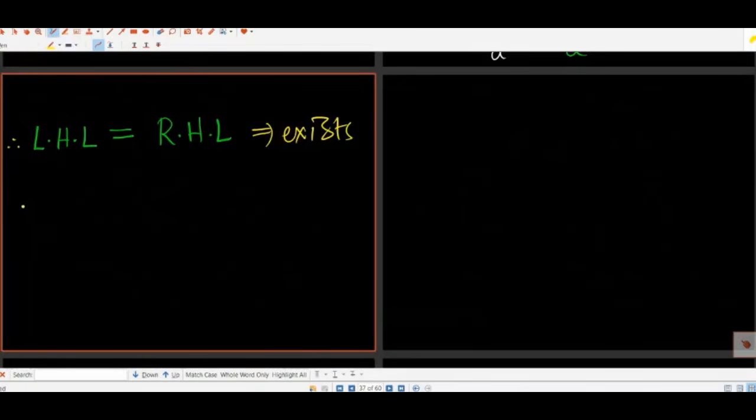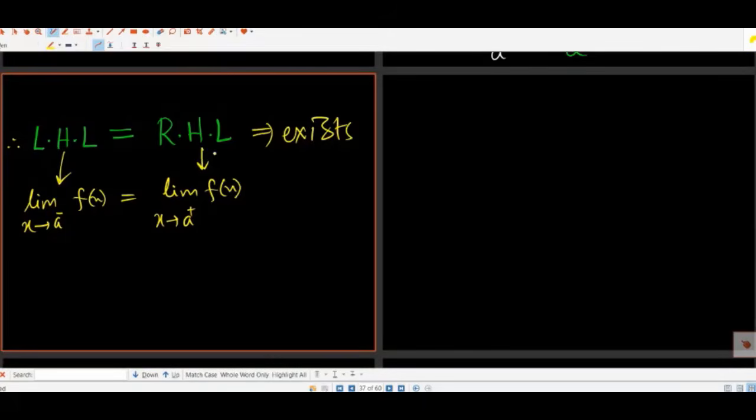So the limit of a function f of x will exist if the left hand limit, that is limit x approaches a minus of f of x, equals limit x approaches a plus of f of x. That means if the left hand limit and right hand limit are the same, then we can say the limit exists.